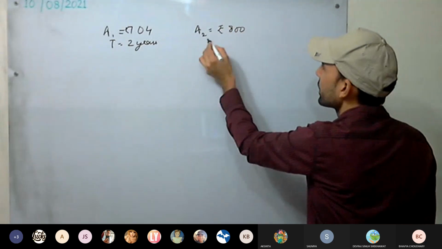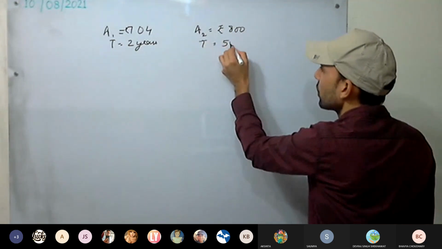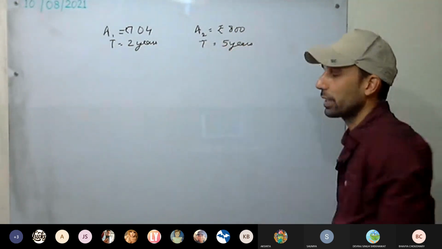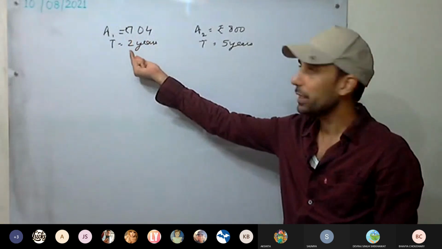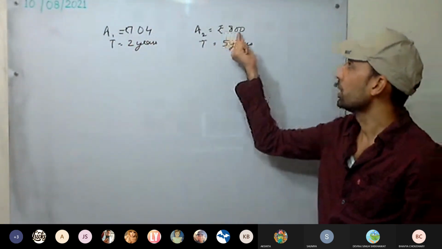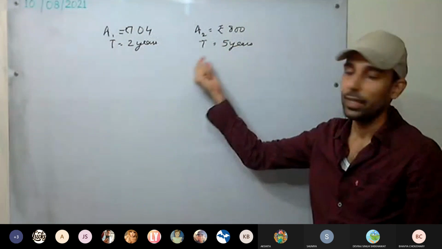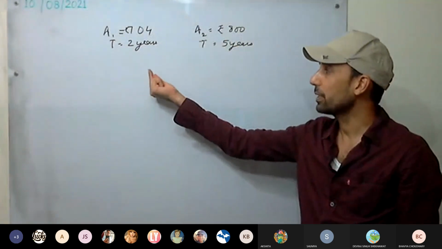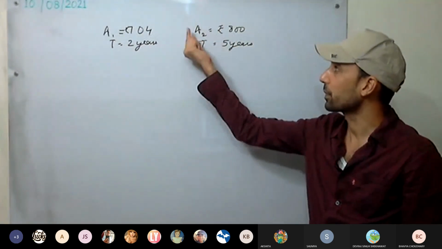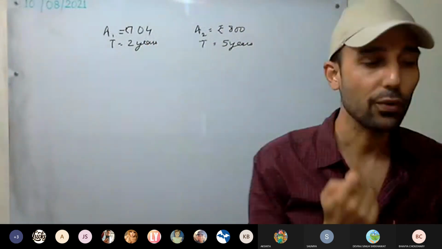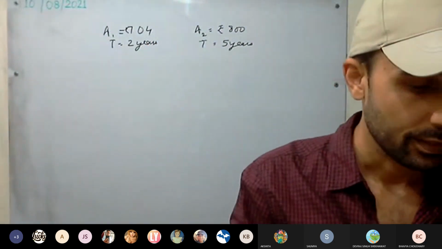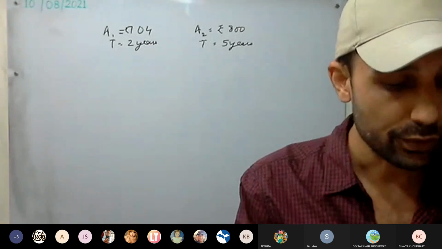If we subtract them, what will be the simple interest? 800 minus 704. That will be the interest for how many years? For 3 years.